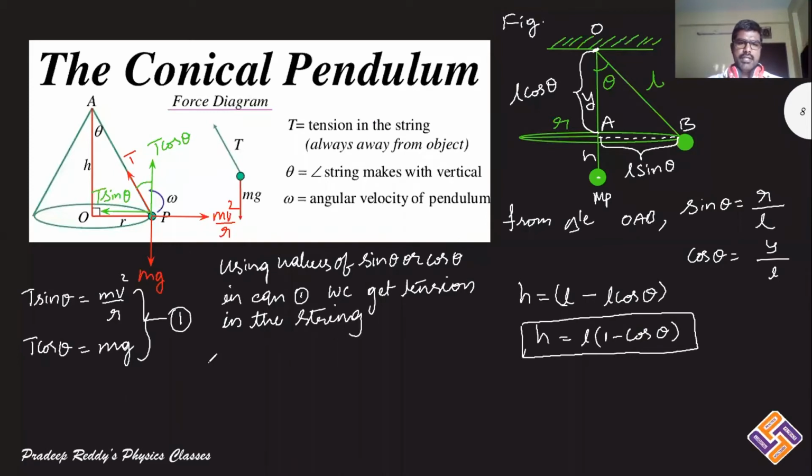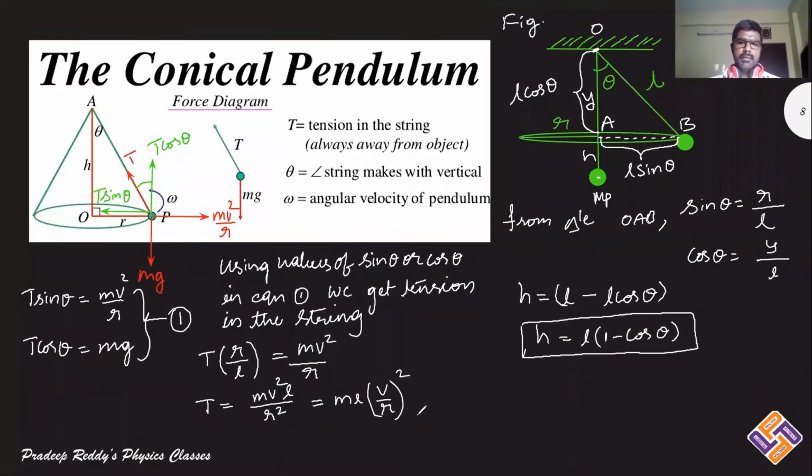So you can write T into sin theta, which we found is R divided by L, equals m v square divided by R. R is the radius. From here you can write tension T is equal to m v square L divided by R square. So this is m L into V divided by R whole square.